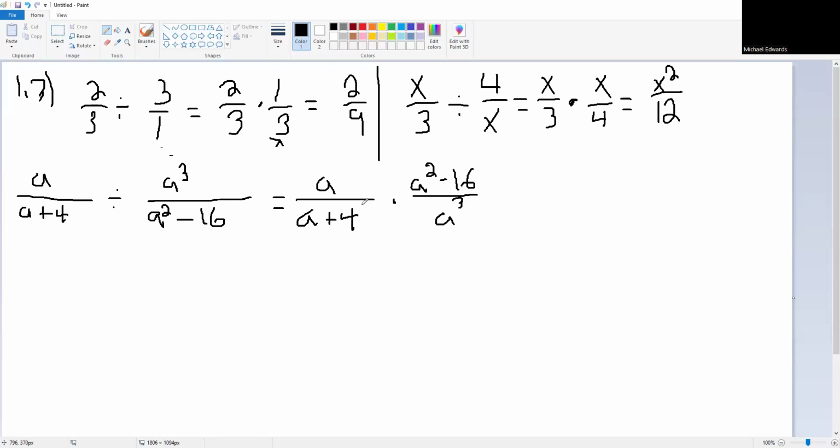Now, we do this just like we did multiplication last time. We see that we have an a here, and we have 3 a's here. So all we got to do is mark out one of the a's, make this just 2 a's. And this one, we have 1 a here, and we have 2 a's here. We also have a 4 and a 16.